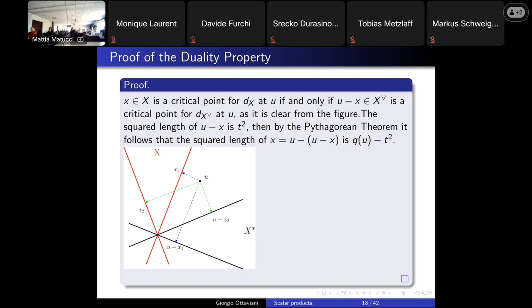The number Q(U minus x), the square that comes in the theorem, just comes because it is the square length of this by the Pythagorean theorem, because these two are orthogonal, and then you have this plus the other.